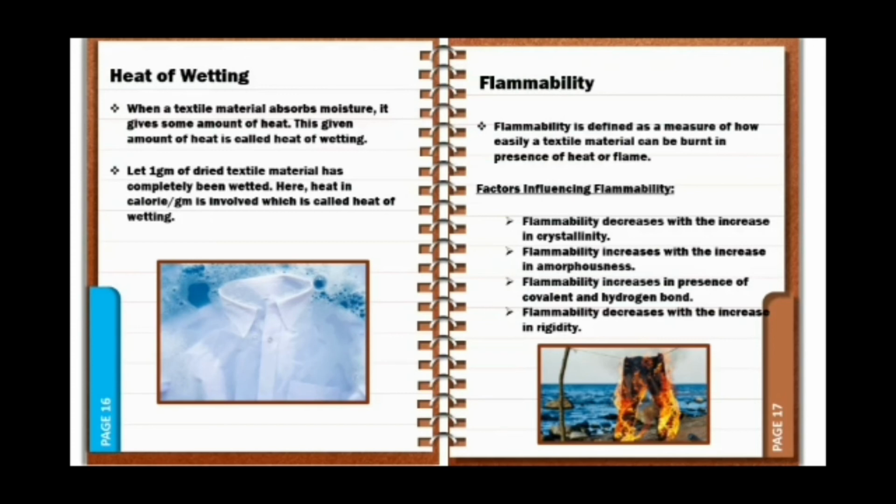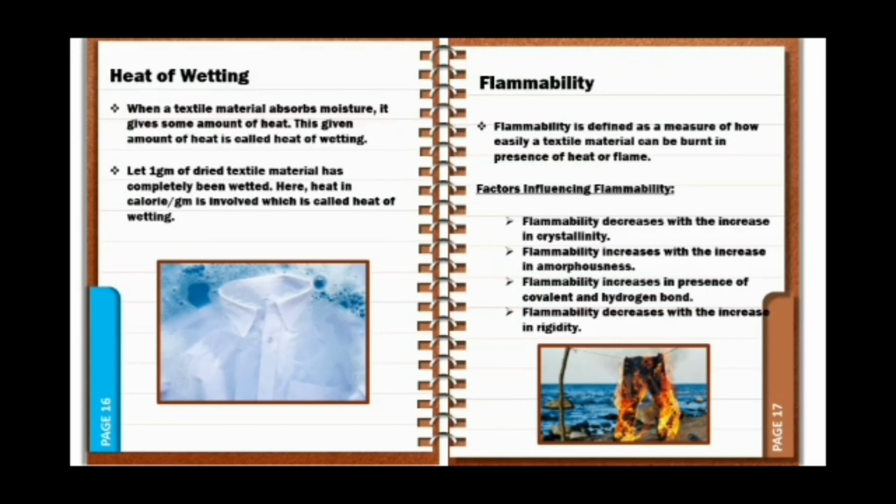Let 1 gram of dried textile material be completely wetted. Here, heat in calories per gram is involved, which is called heat of wetting. Heat of absorption, on the other hand, is something that results from the change in moisture regain rather than the thermal conductivity.